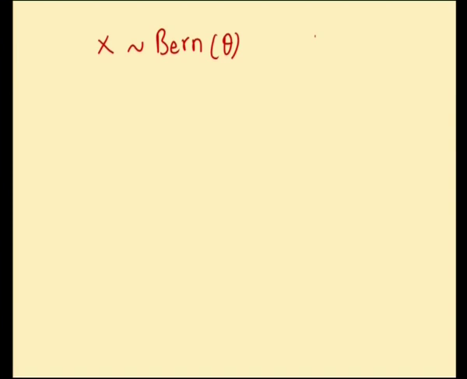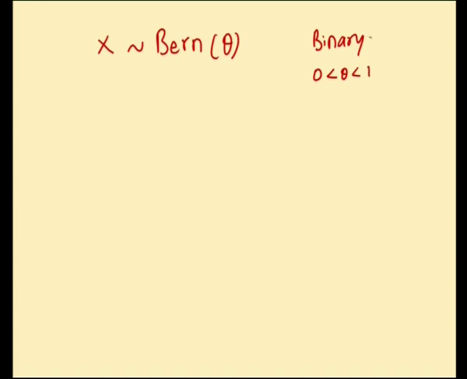Let us try to start with the simple Bernoulli form. The Bernoulli form is something like a binary outcome. Though I am not talking in more detail about the distribution, this is a slight recall of it, and this theta value lies between 0 and 1.